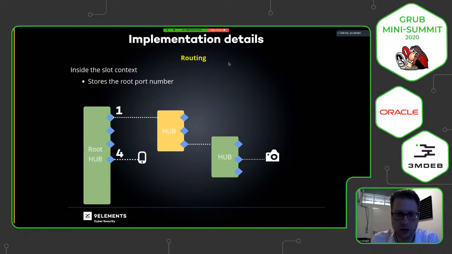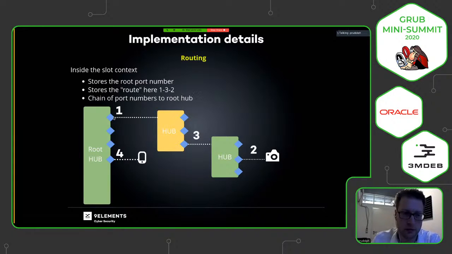In the xHCI controller spec, you need to collect routing information. As you can see here, we have a root hub with multiple ports, and then we have connected multiple hubs to this camera. And we need to write the slot context and store not only the root port number, which this device is connected to, but also the chain of port numbers to the root hub.